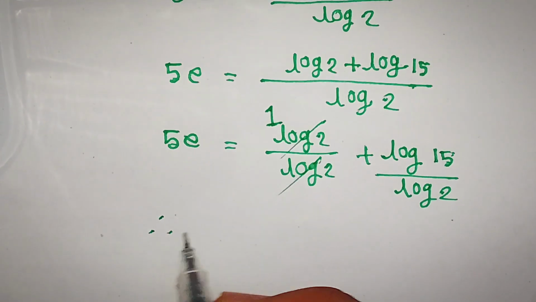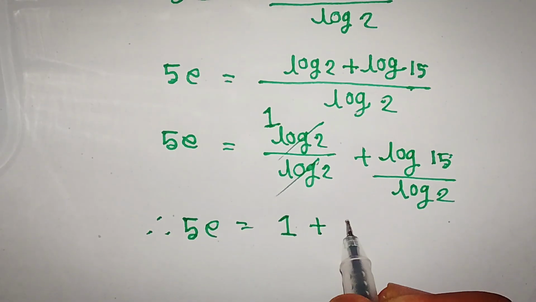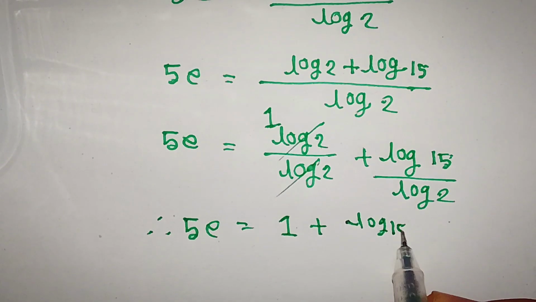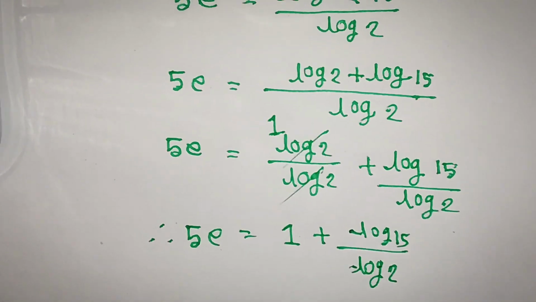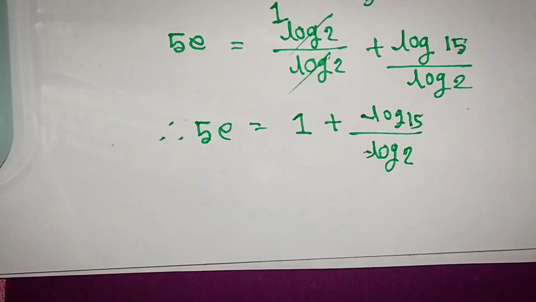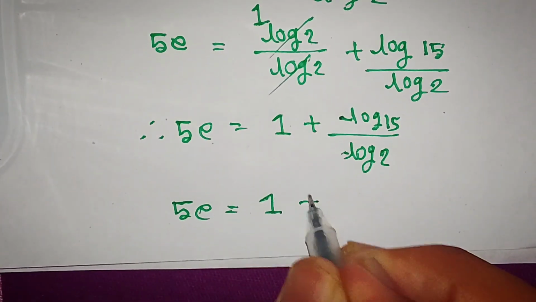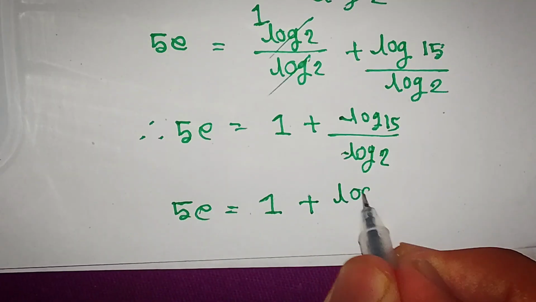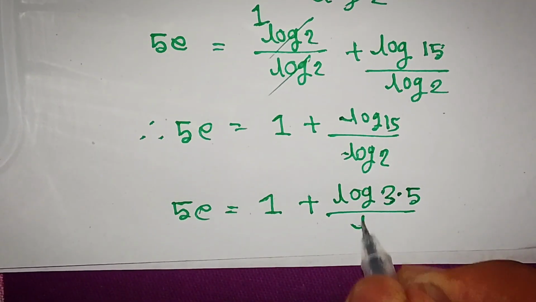So after that we can write 5e equals 1 plus log 15 divided by log 2. So here we can simplify and write log 15 equals log of 3 times 5, divided by log 2.